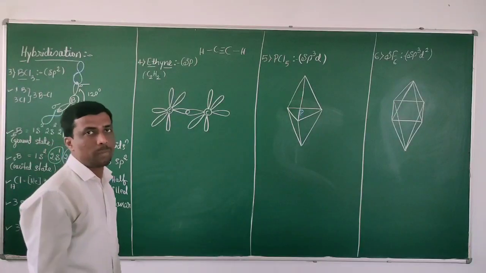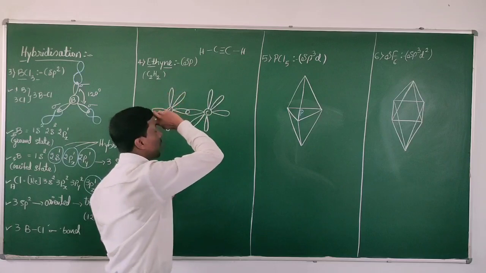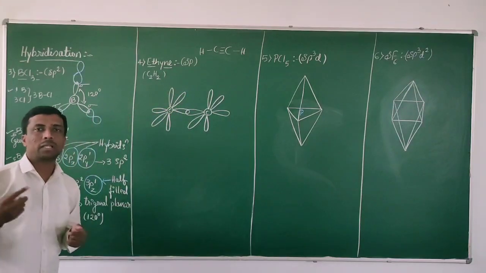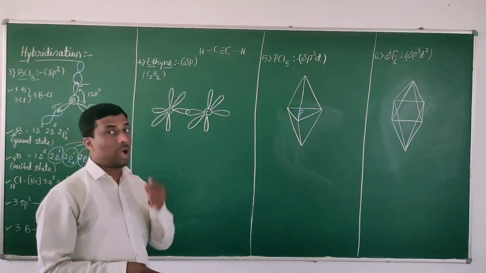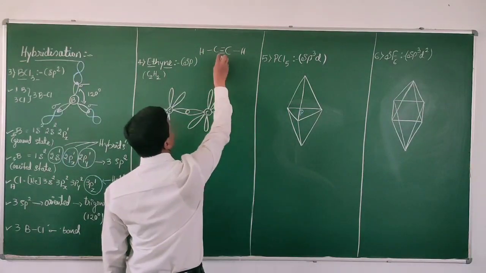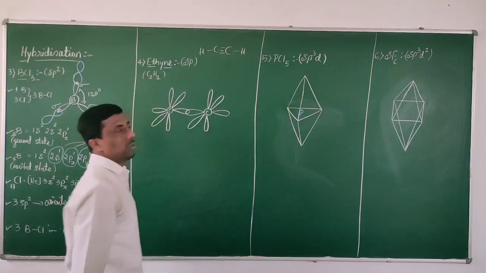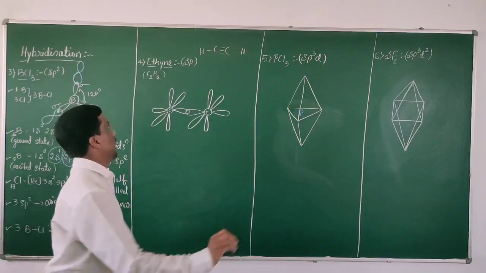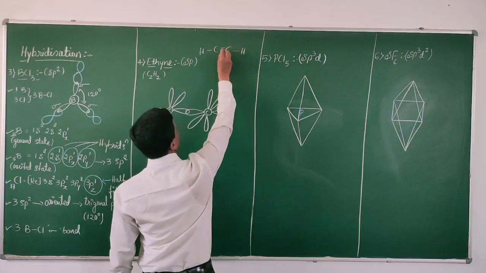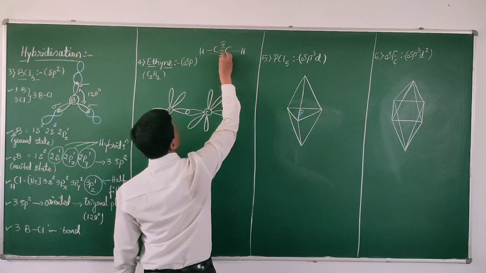Look here, this is undergoing sp hybridization. First let us see how sp hybridization happens. Here there is a triple bond between carbon and carbon. You already know that one bond is a sigma bond, and the other 2 are pi bonds.